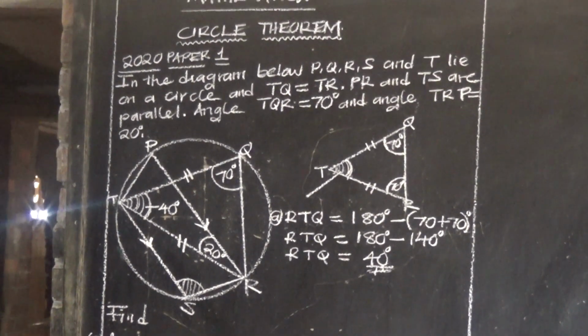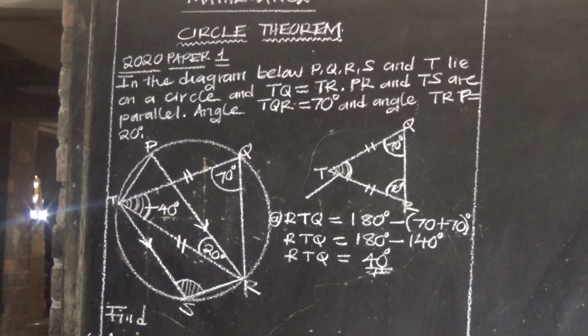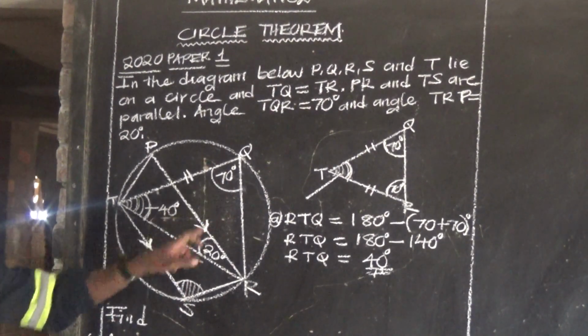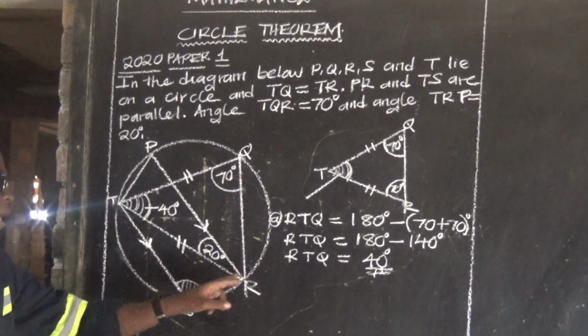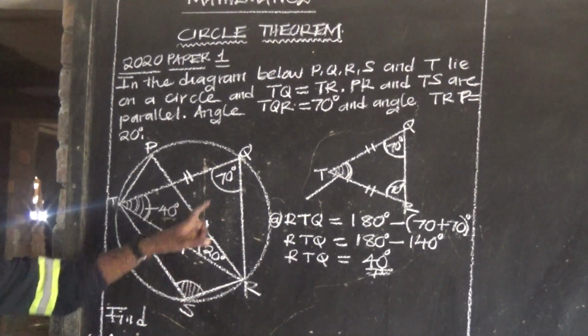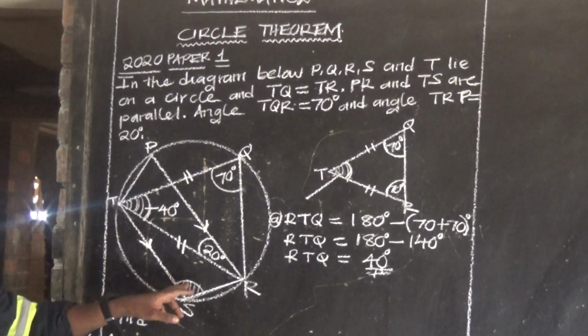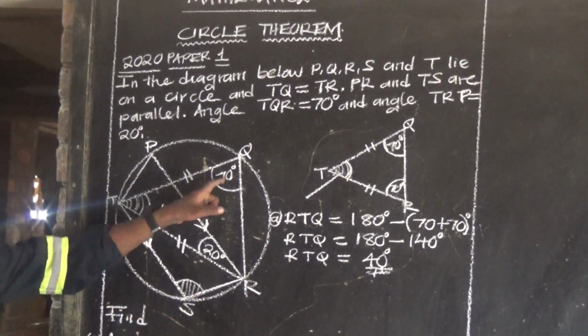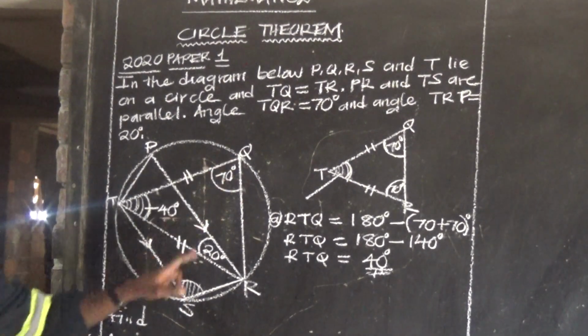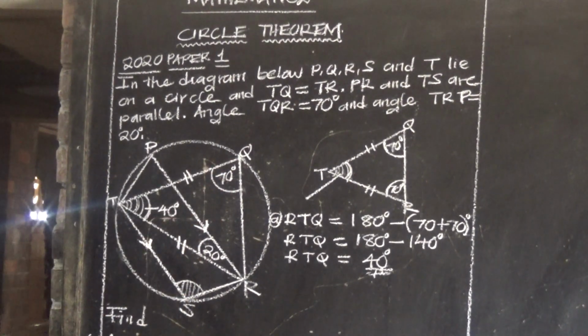So for us to find angle RST, we're going to apply a property which states the opposite angles of a cyclic quadrilateral are supplementary. So what I mean is these two angles, angle S and angle Q, are supplementary.